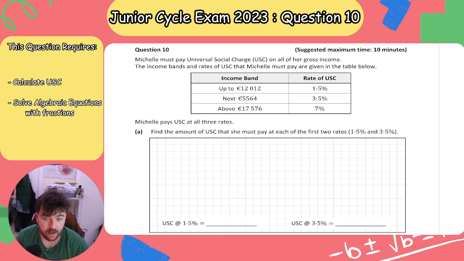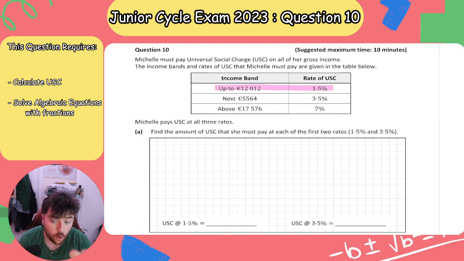So find the amount of USC that she must pay at each of the first two rates. So 1.5 and 3.5. We actually just need to find 1.5% and 3.5% USC rates. That's all we have to do. So the 1.5% rate is up to €12,012.